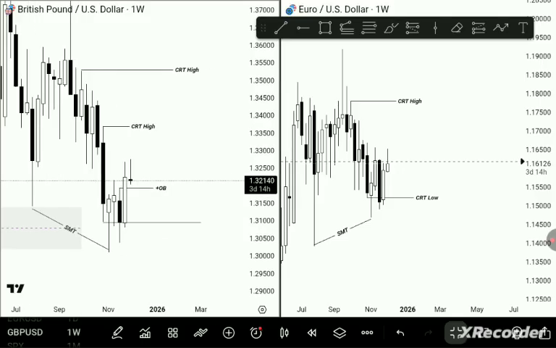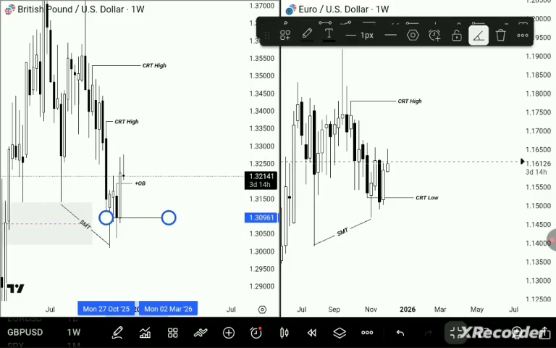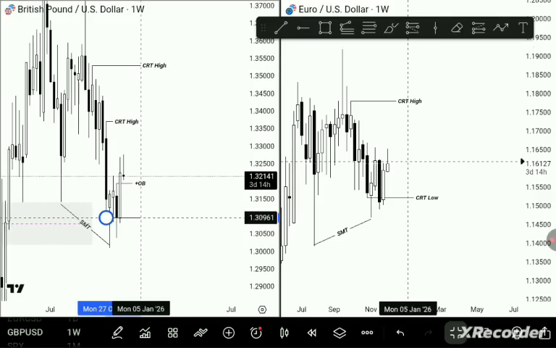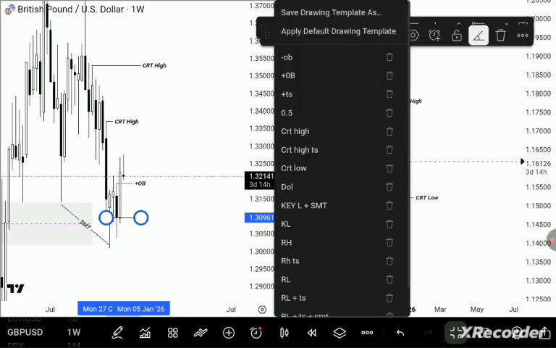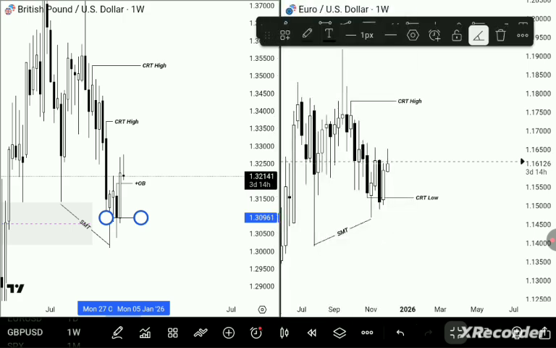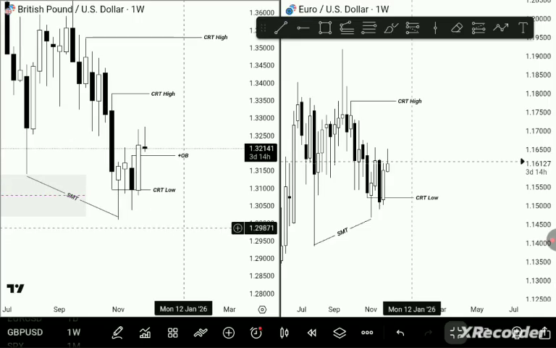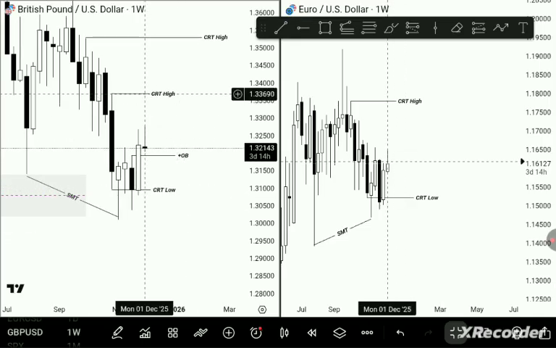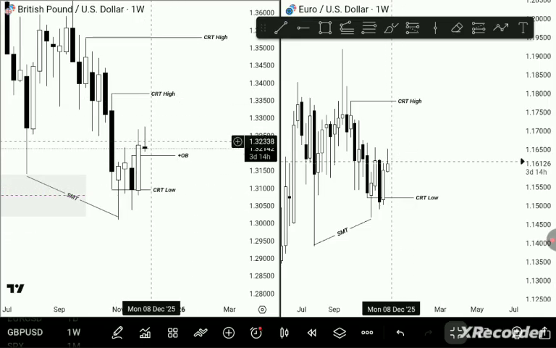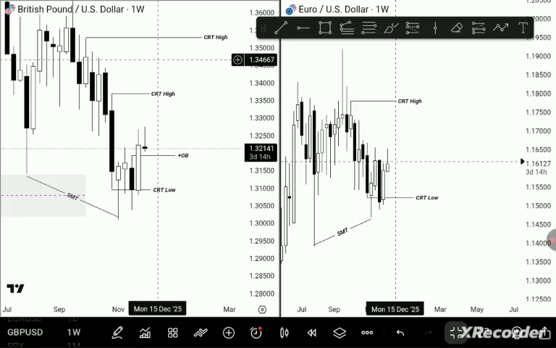I hope you do. This acts as a CRT candle, CRT low. So automatically our bias is towards the CRT high. We are bullish. Our draw of liquidity is also buy side, right?